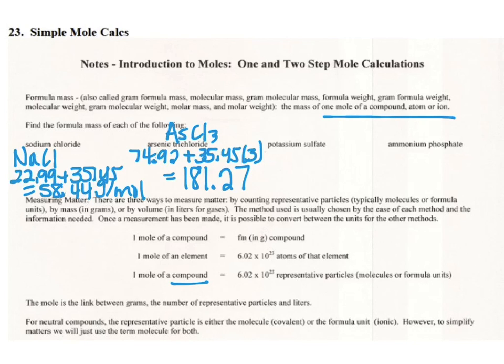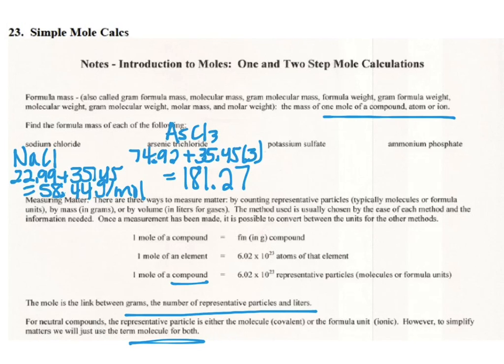So remember, the mole links us to grams and to molecules, and when we get to gases, to liters. We usually just say molecule instead of formula unit. Remember, molecule is covalent, formula unit is ionic, but we just really call them all molecules.